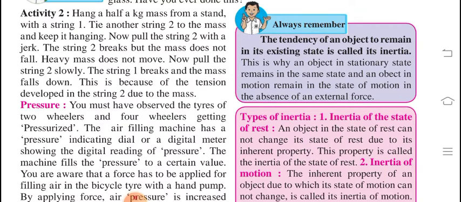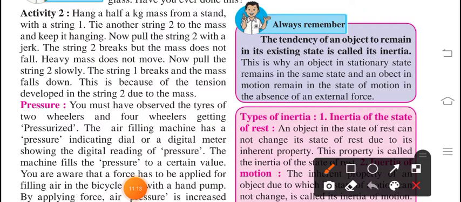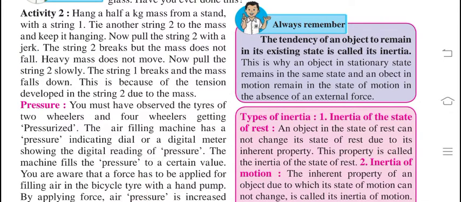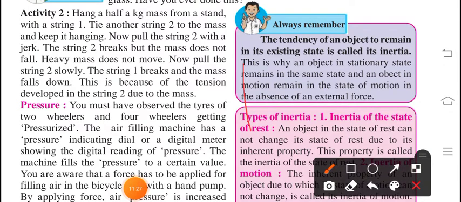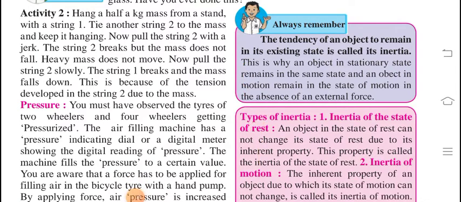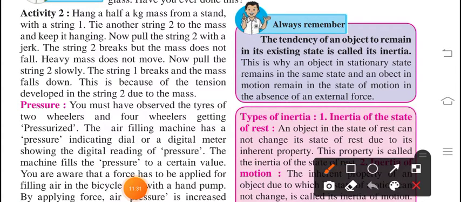Now pull string 2 with a jerk. String 2 breaks, but the mass does not fall. If you jerk the string, the string breaks and the mass stays at the same place.